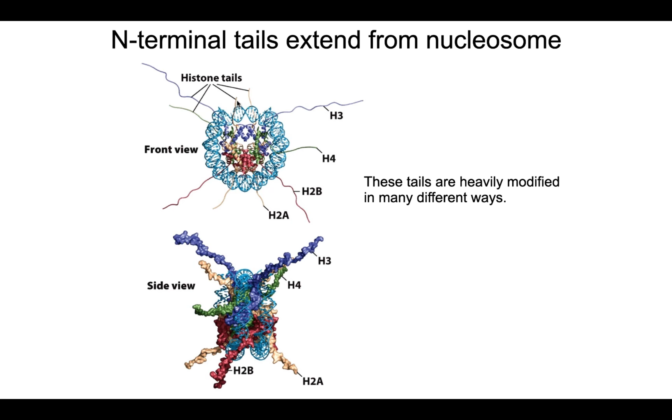And this is super important because they are substrates to various modifying enzymes that will add covalent modifications to these tails, like methyl groups or phosphate groups or acetyl groups.